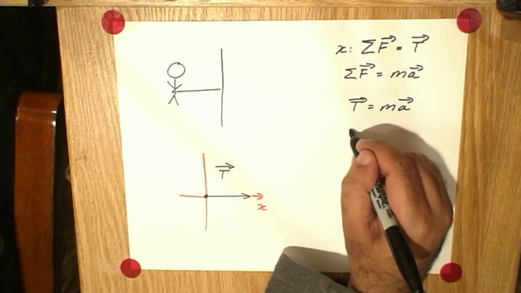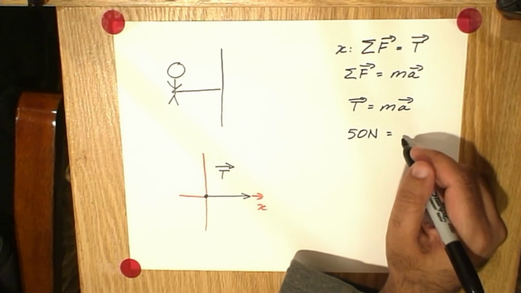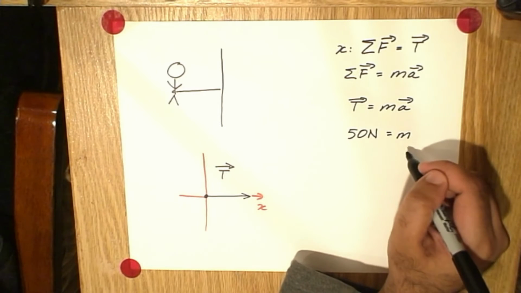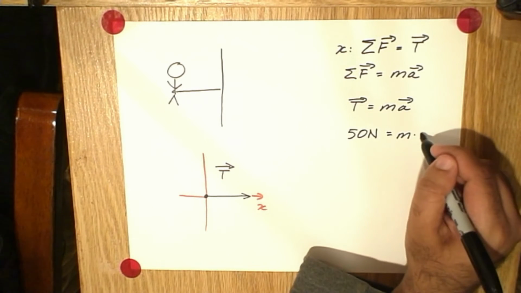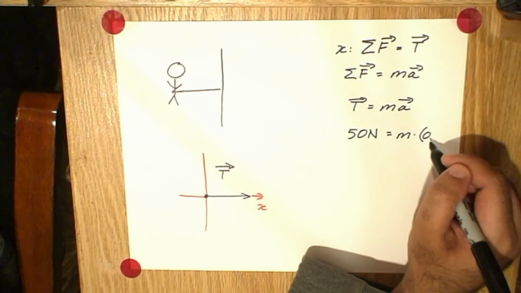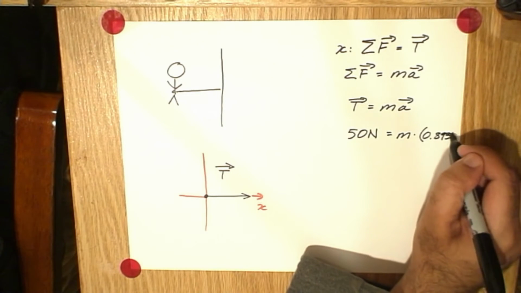We were told that the tension was 50 newtons. So 50 newtons must be equal to the mass of the astronaut, that was the unknown in this question, that's what we were trying to solve for, multiplied by the acceleration, which was 0.893 meters per second squared.